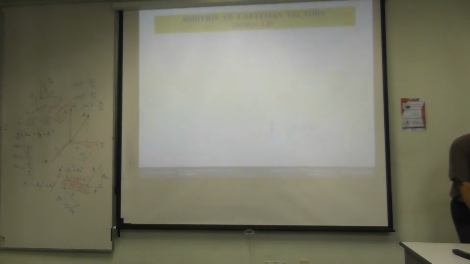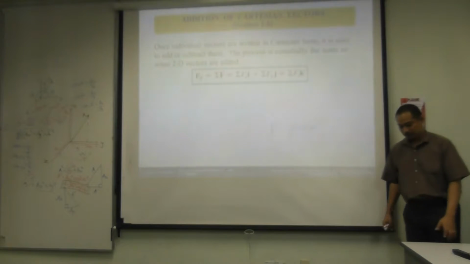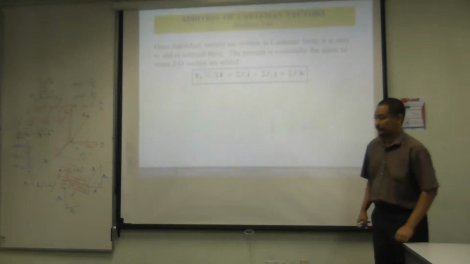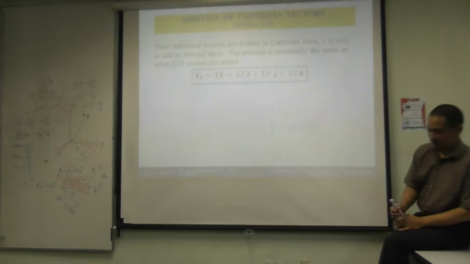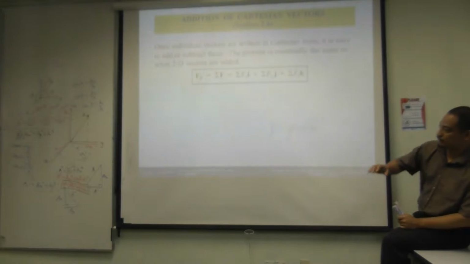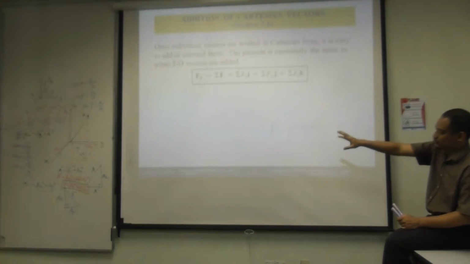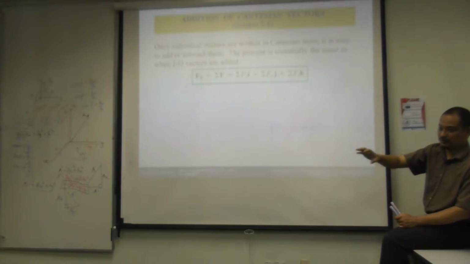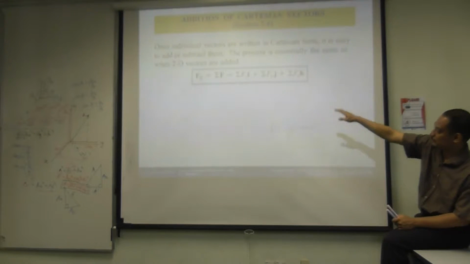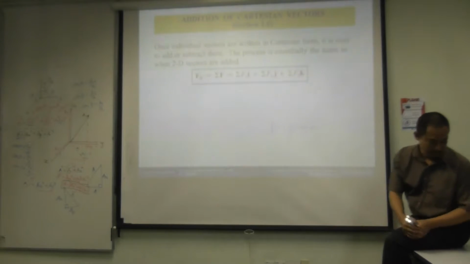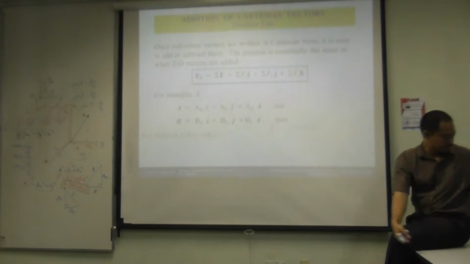Okay, so when we have multiple vectors, how do we add them? The same concept applies, right? I think we have done this in 2D. If you manage to express two or more forces in vector form, you just add the x component, add the y component, add the z component, right? Same concept, just that you have three components.